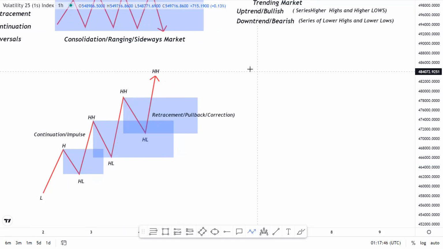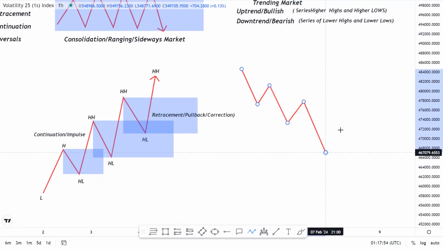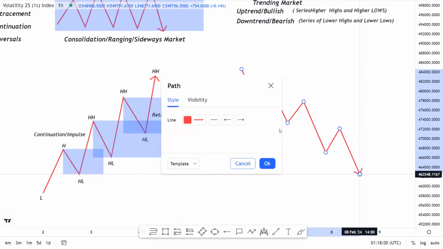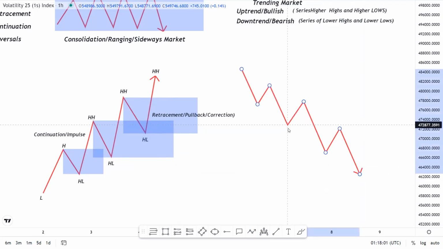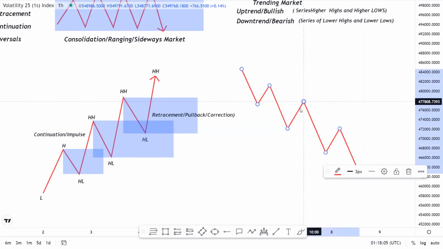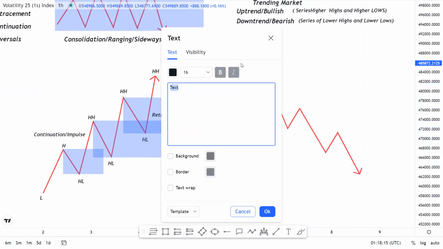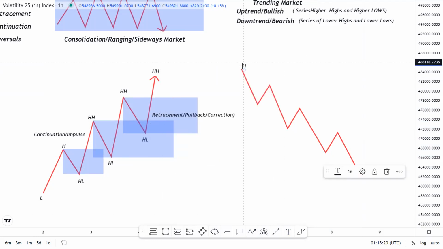And then for a downtrending market, which is characterized by the market presenting us with a series of lower highs and lower lows. So clearly we had a sell-off from a high, the highest point price was at before we had a sell-off.